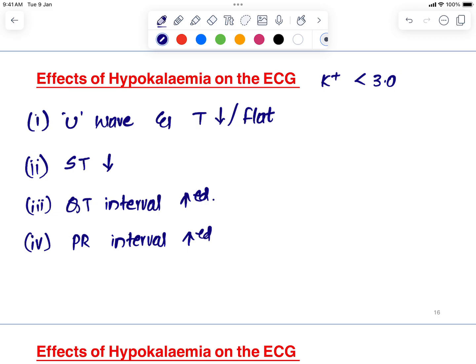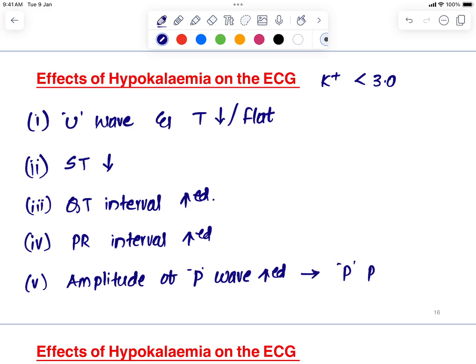And what will happen to the P wave? Lastly, the amplitude of the P wave is increased, and the increased amplitude of the P wave we call P pulmonale.